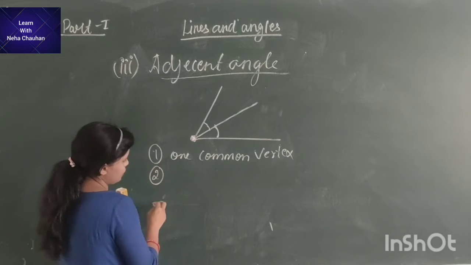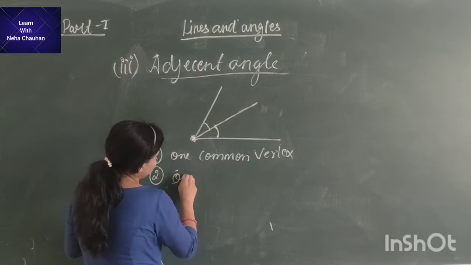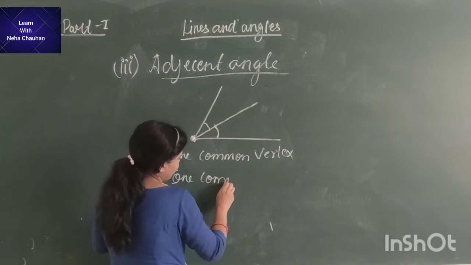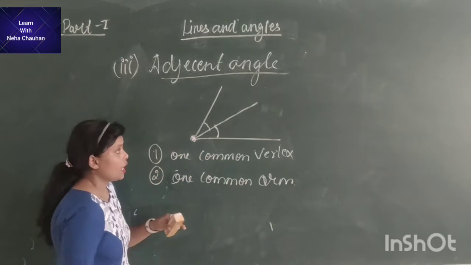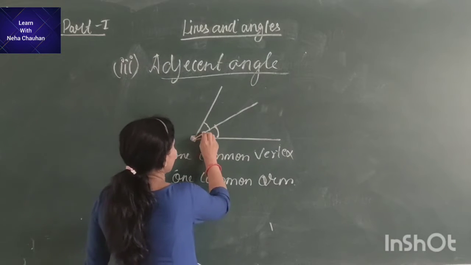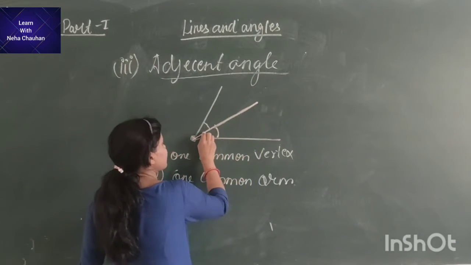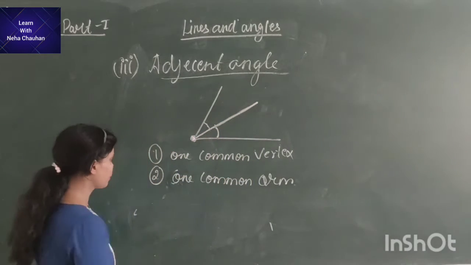The next property is one common arm. This is the common arm between these two adjacent angles, right?